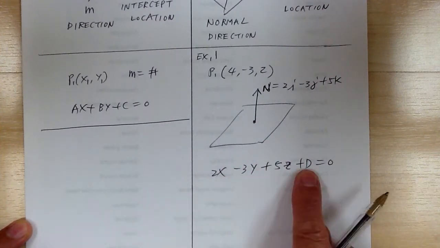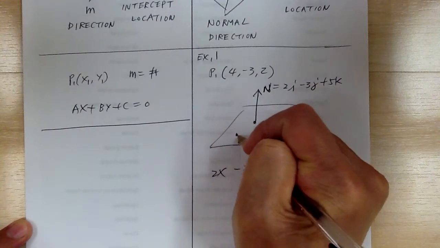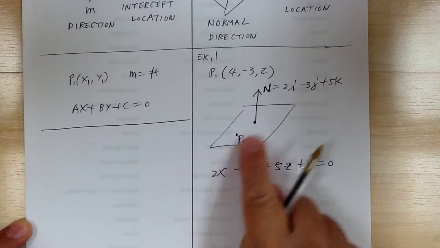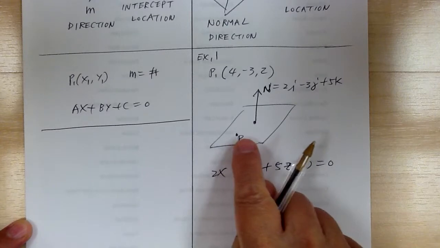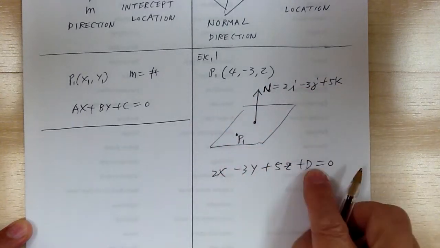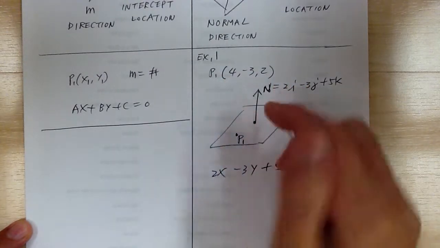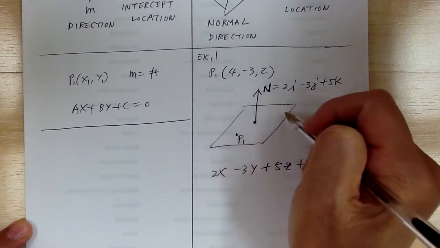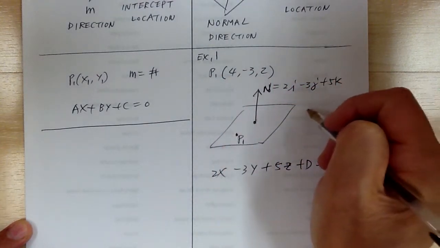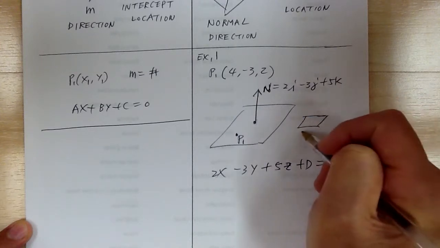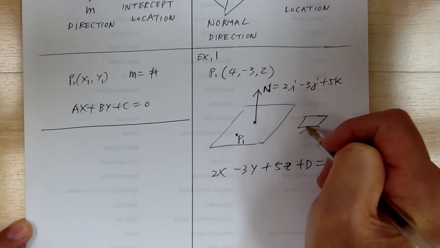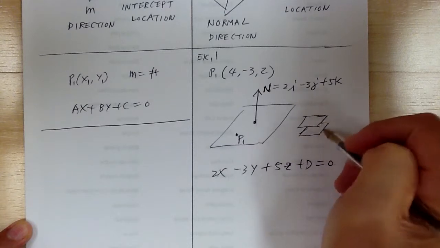Since this plane contains the point P1, this P1 is in the plane, so you need to put this point into the equation to get d. Because there are many different possible planes. For example, you can have a plane over here, and you can have one below it.